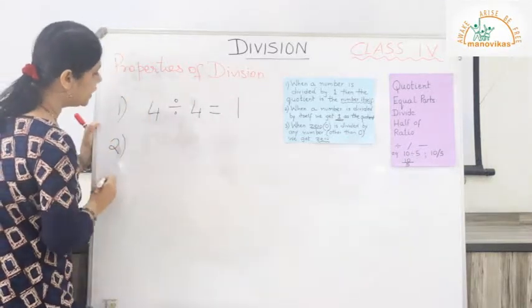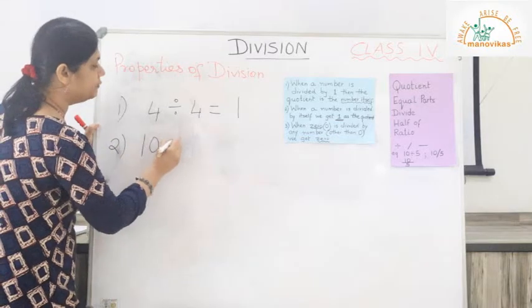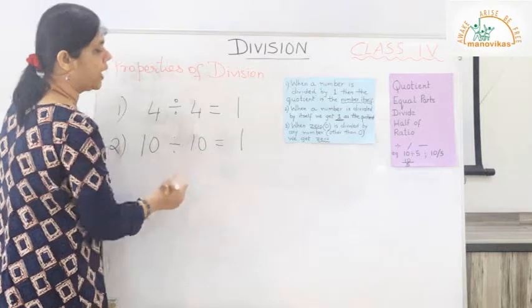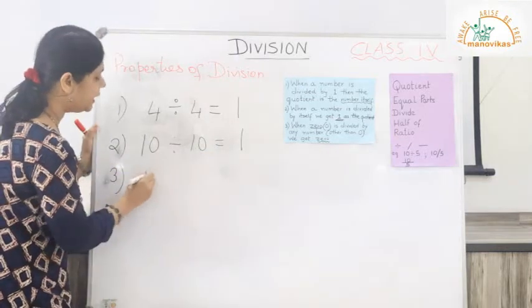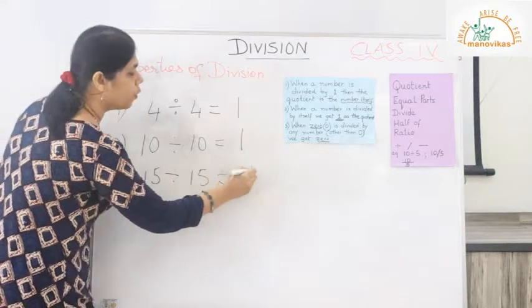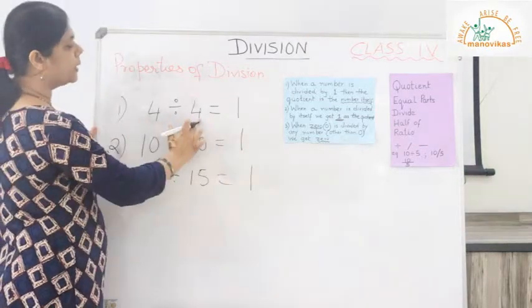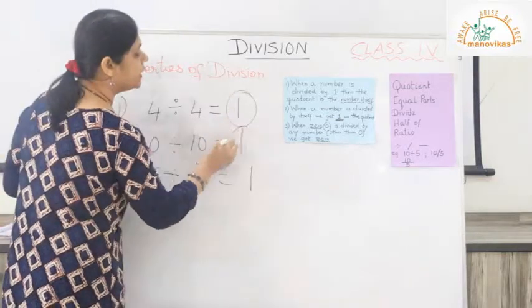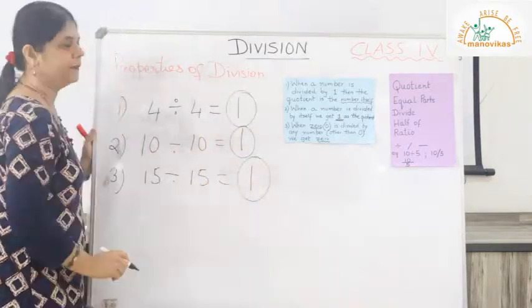The next example, 10 divided by 10 will give me how much? 1. 15 divided by 15 will give me how much? 1. So any number divided by itself gives us the quotient 1. Is it clear?